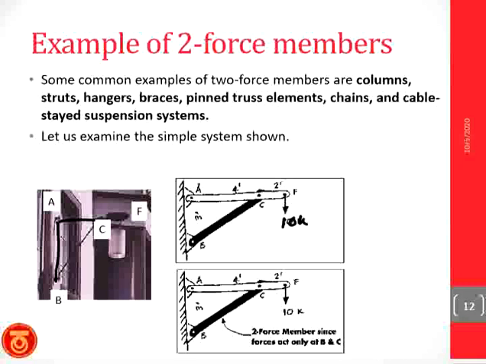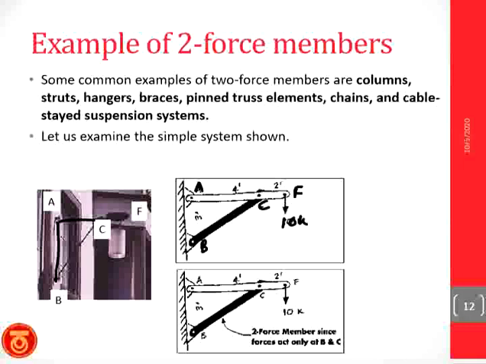We have point A, which is one of the connections, and we have B here and C here. And we have F here. So there are two structures that connect to each other.